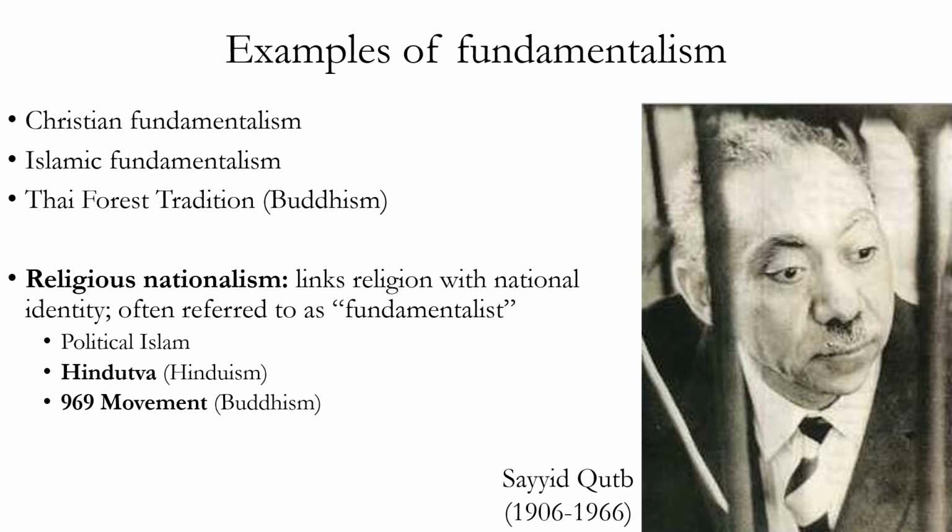Another example in Buddhism is the 969 movement in Myanmar or Burma, which regards Buddhism as part of the Burmese national identity and advocates discrimination of and forced removal of a Muslim minority known as the Rohingyas. Pictured on the right is Sayyid Qutb, an Egyptian Muslim who was very influential in founding modern Islamic fundamentalism and political Islam.